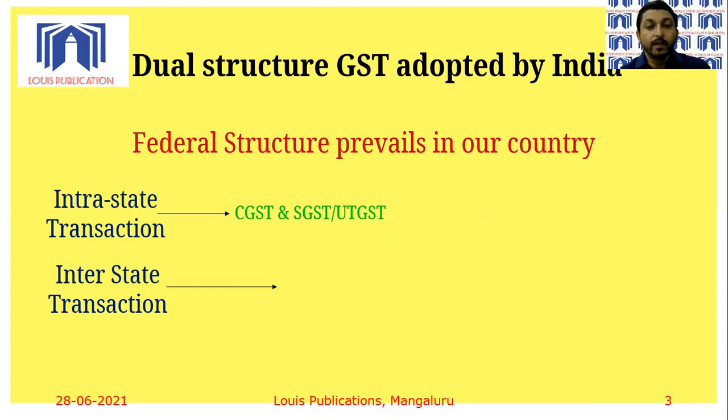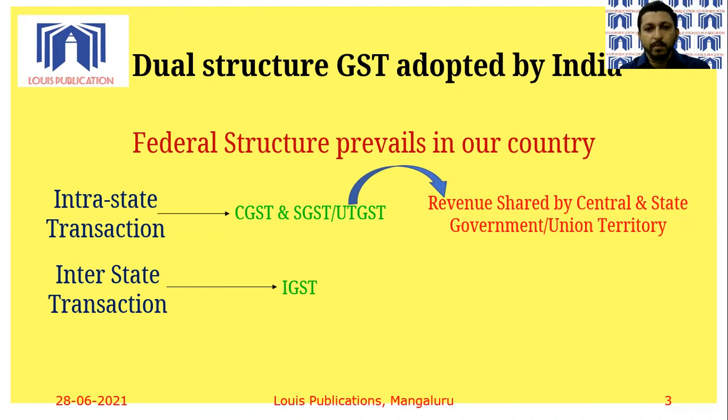The seller or the supplier, as the GST dictionary talks about, will deposit half of the amount of GST with the central government and half of the revenue on GST with the respective state government. So if CGST and SGST are applicable, revenue will be shared by the central and the state government, or by the central and the union territory if it is an intra-union territory transaction. We will look at the example also.